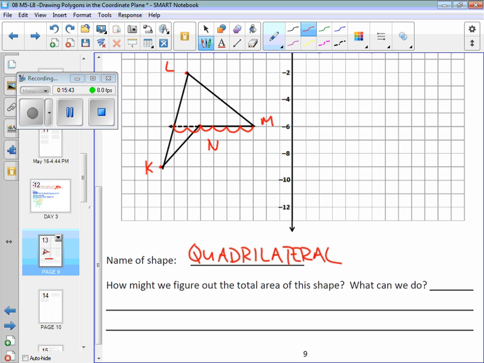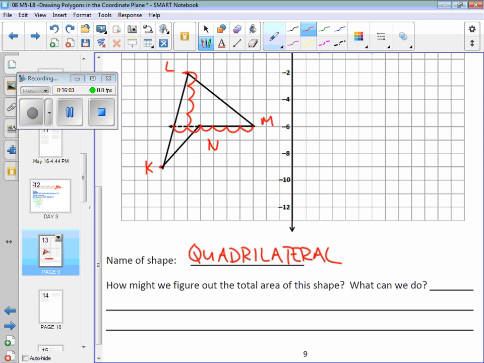So far, so good. Now, it can't be 6 and then a little bit more of another box. It can't be 6.5. It's got to land on a box. And it does. The height. 1, 2, 3, 4.